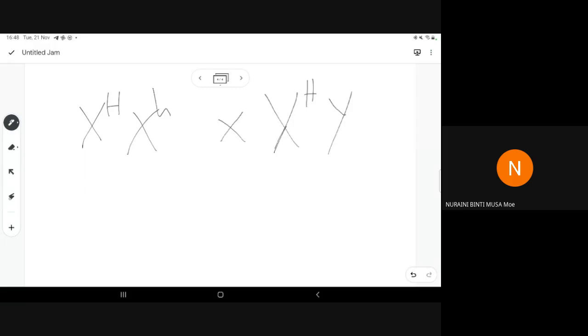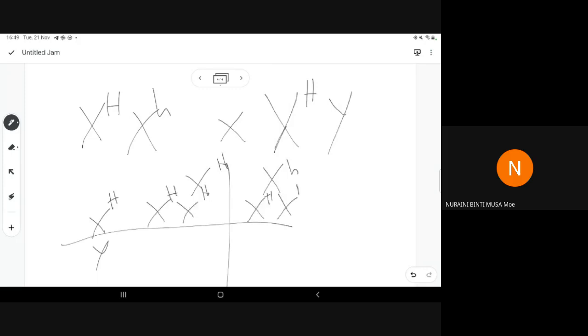Punnett square ni maksudnya awak kena buat table. XH besar, XH kecil, XH besar, Y. Okay, so ni XH besar XH besar, XH besar XH kecil, XH besar Y, XH kecil Y. Okay. So this will be the offspring of Mary dengan John kalau dia kahwin.